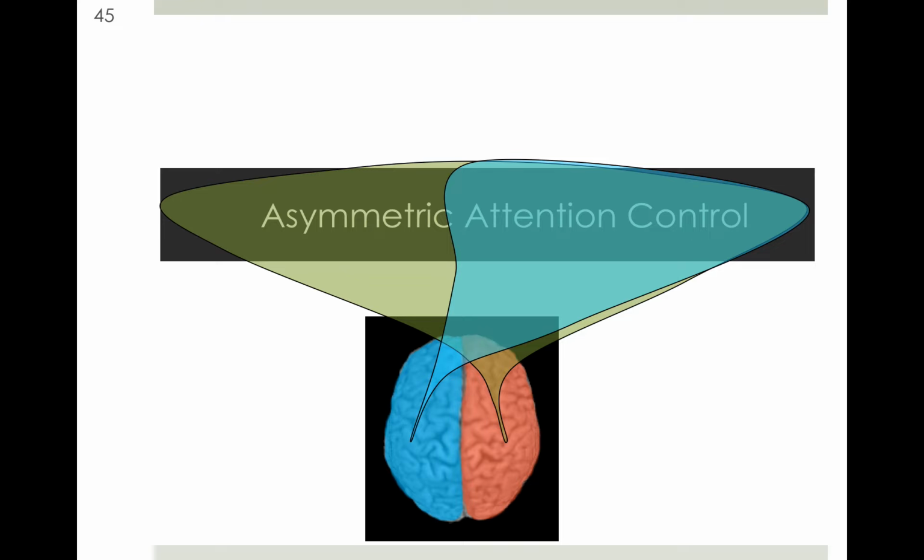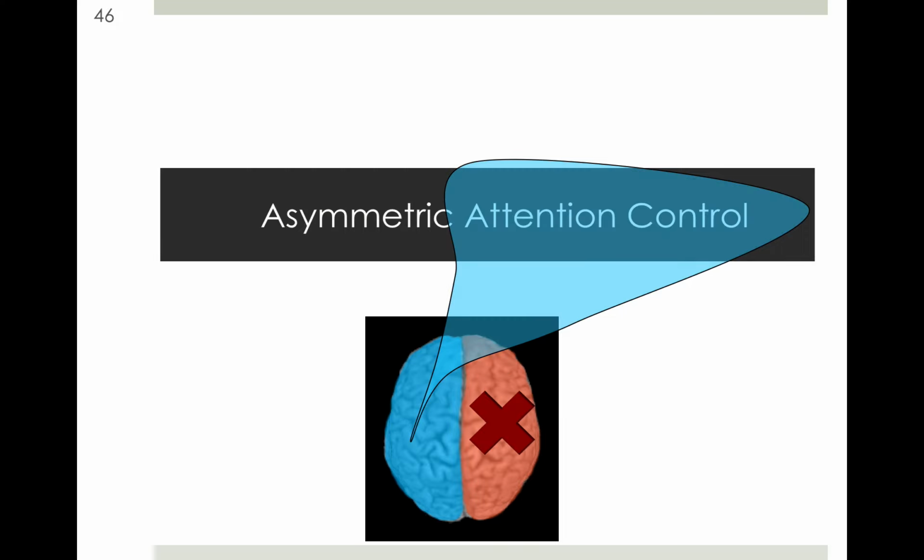Your left hemisphere is able to detect information from your right visual field. Because your right hemisphere is paying attention globally to your whole visual field, whereas your left hemisphere is paying attention locally to your right or contralateral visual field, if you have damage in your right hemisphere, you will end up neglecting your left visual field.